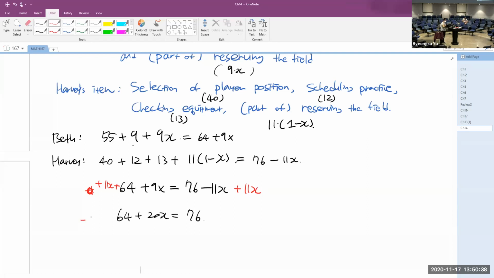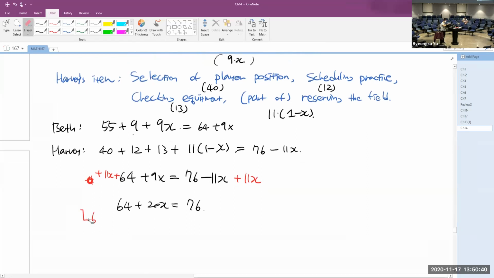And by taking negative 64 from each side, then you can get 20x is equal to 12. So x should be 12 over 20, which is 6 over 10.